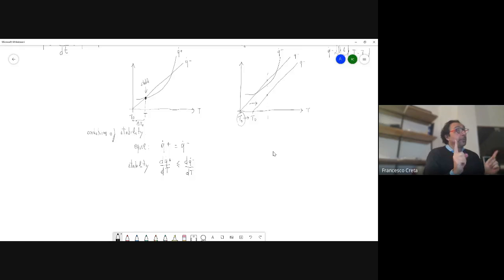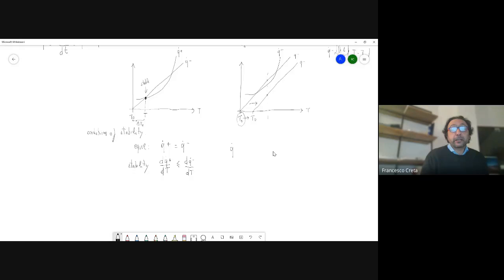And remember that these two, Q plus and Q minus, so you're increasing Q plus essentially. Q plus and Q minus are not linearly related, or at least Q plus is not really linearly related. So we have to expect that at a certain point, when delta T is bigger than a certain value, this stability condition will not hold anymore.